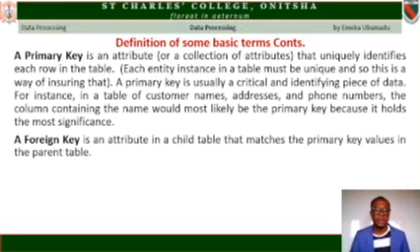When you have a primary key in a table, whose content is also found in another table, in that second table, the key that uses the primary key to identify the records it has in that first table, which is called the parent table, is the foreign key.